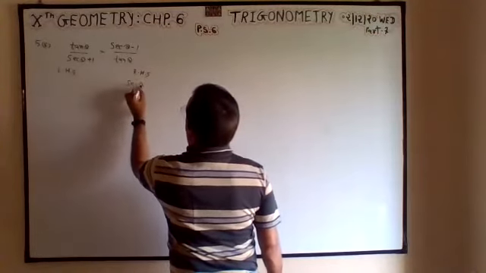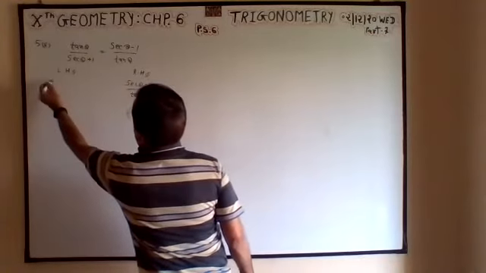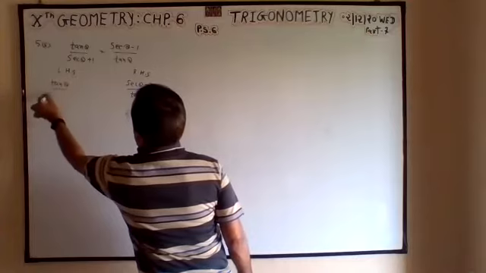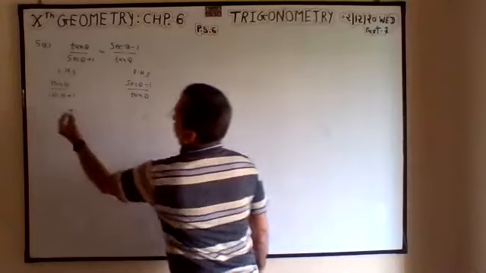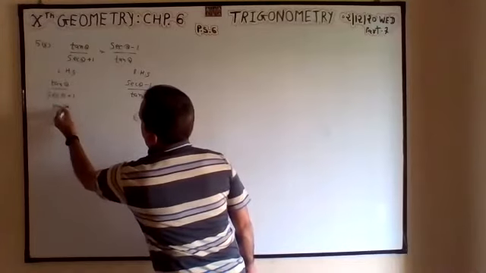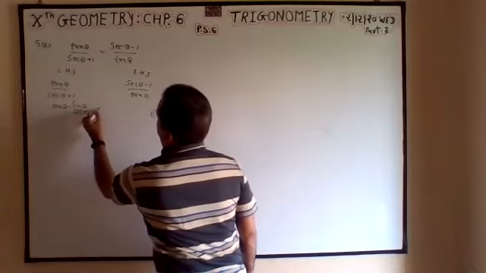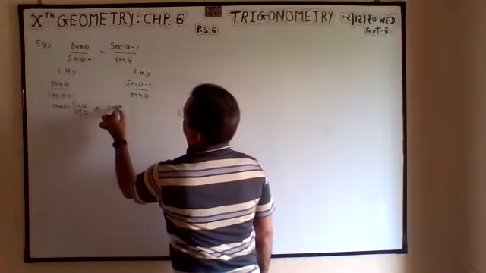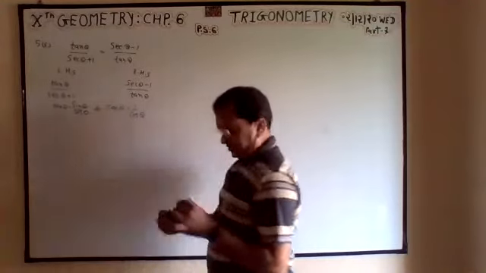This is sec theta minus 1 over tan theta. Here tan theta over sec theta plus 1. We know that tan theta is equal to sin theta by cos theta, and sec theta is equal to 1 by cos theta.